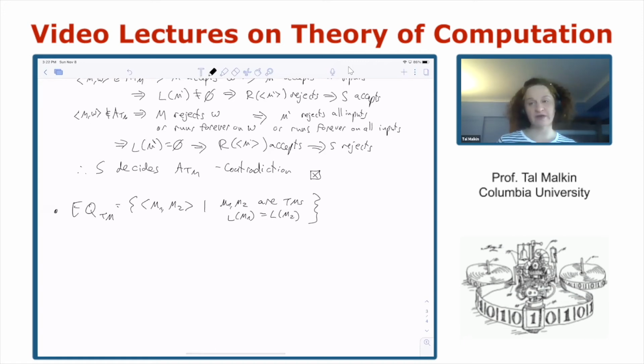So the question is, I'm given two Turing machines and I want to know whether or not they behave the same way, whether or not they recognize the same language. I claim that it's not decidable. Okay, so there's no algorithm that can do that in general.